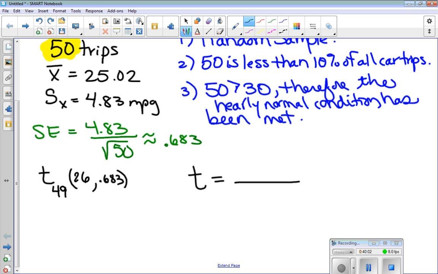Your calculated average, your statistic, which in this case is 25.02, minus the claim, divided by our standard error. It's always your calculated statistic minus your parameter, your claim, divided by the standard error.